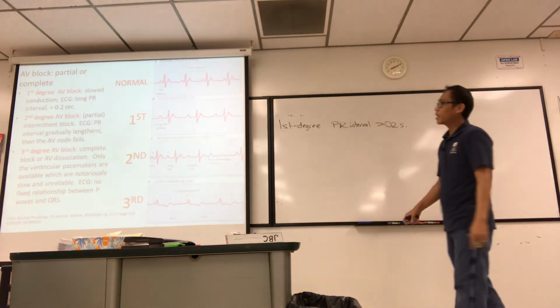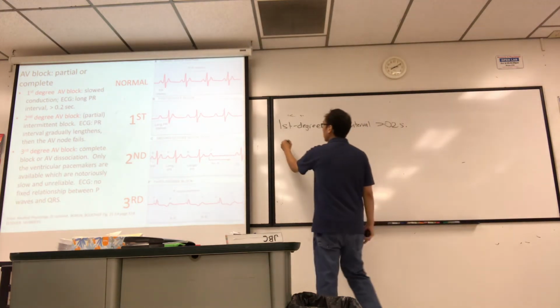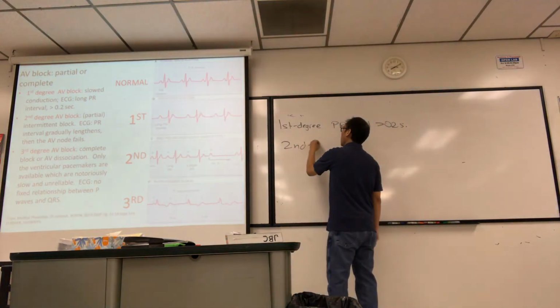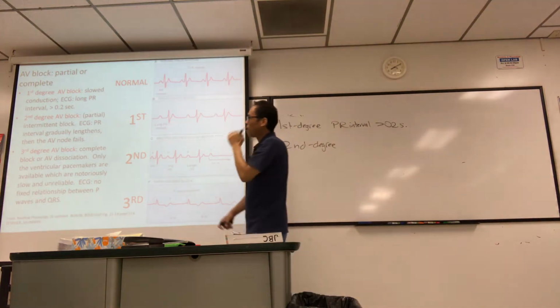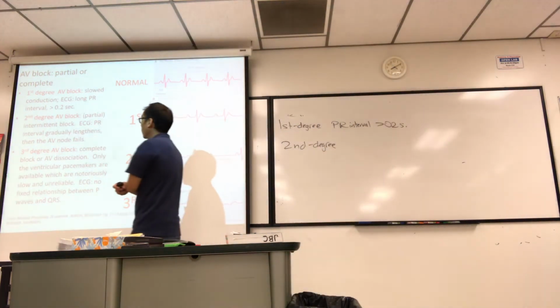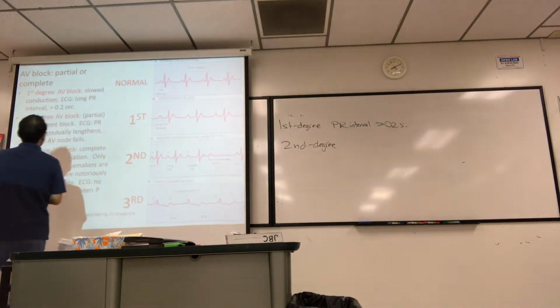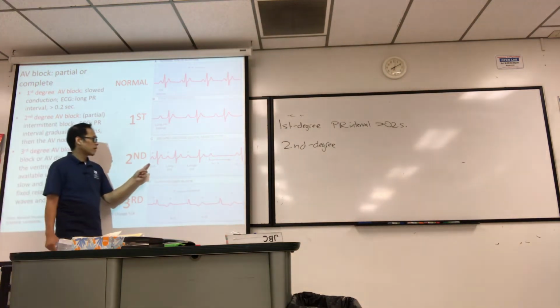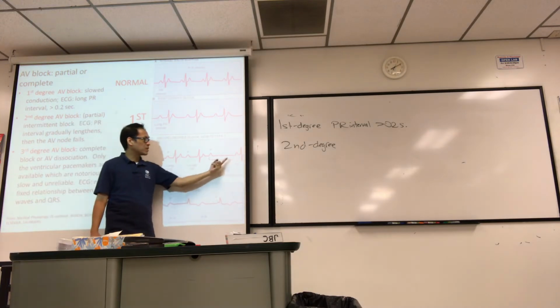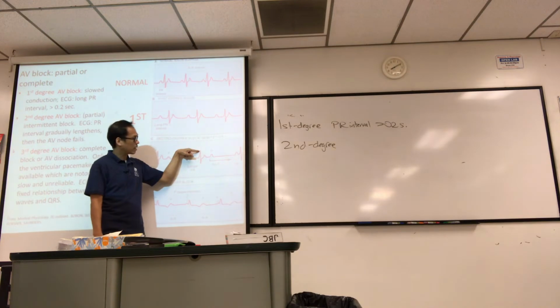Now the second degree, they call it a partial or intermittent block. The PR interval gradually lengthens, and then the AV node fails. So if you look at the second one, you have a PR interval that gets longer and longer, then basically you skip a heartbeat. There's no R wave. R is the top of the spike.